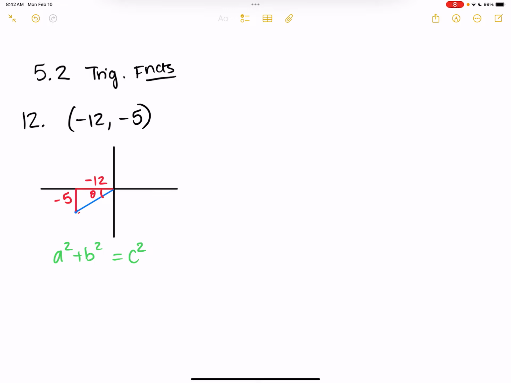So I'm going to plug in 5 and 12. It doesn't matter where they go as A or B. It's not going to change anything. So this is negative 5 squared plus negative 12 squared equals c squared.